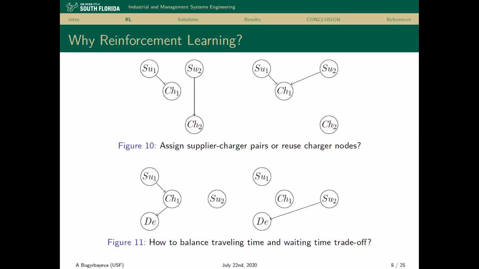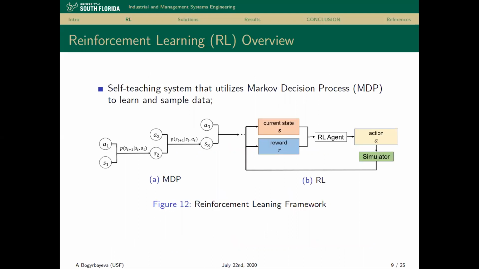Let's discuss a little bit what reinforcement learning actually is. If somebody asks me what reinforcement learning is, I always reply that it's a self-teaching system. Why do I say that? There are 2 reasons. First of all, in all other areas of machine learning, the first thing that you need is the data. Here, the beauty of RL is you don't need the data, you need a simulator.